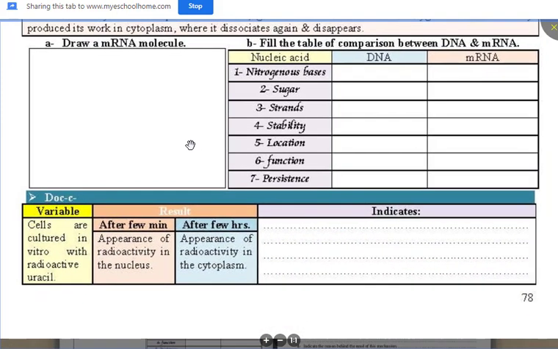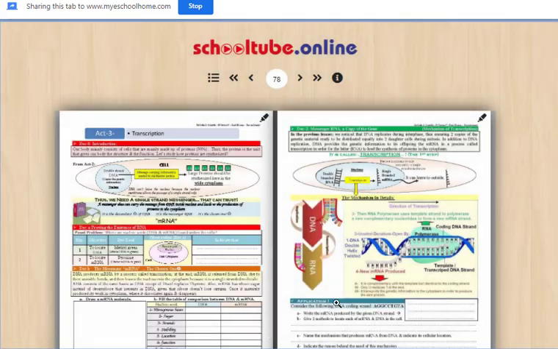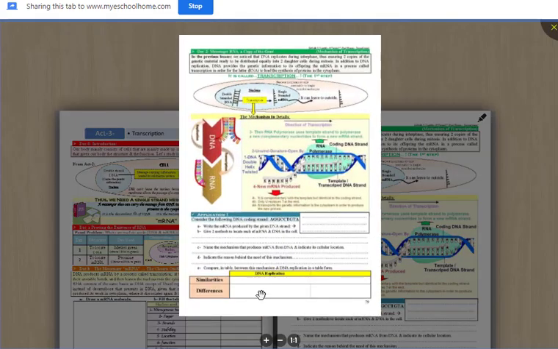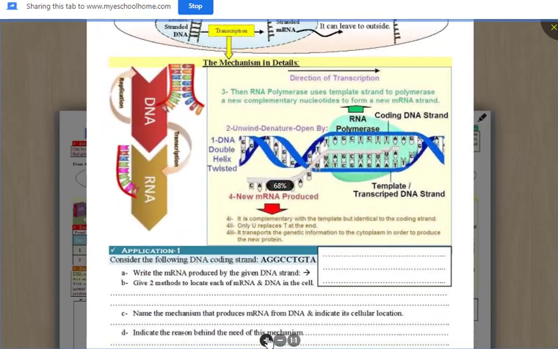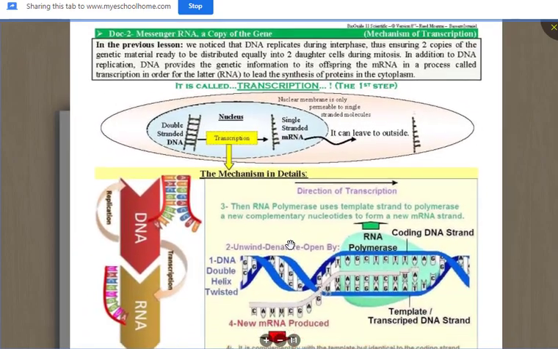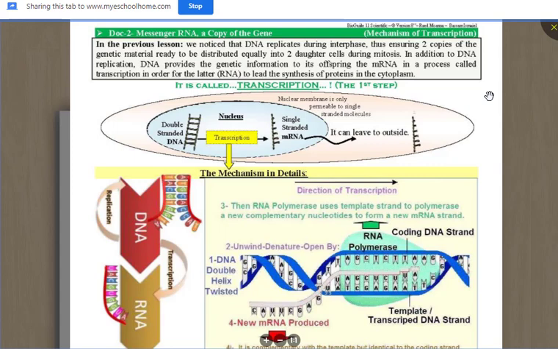We also used radioactive uracil to prove that messenger RNA is made in the nucleus, then transferred back to the cytoplasm to be used to make the protein. Today I am going to discuss how the messenger RNA is made.